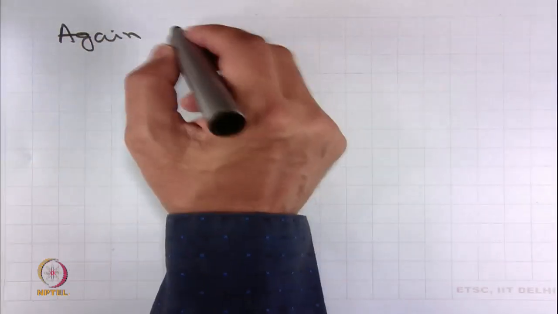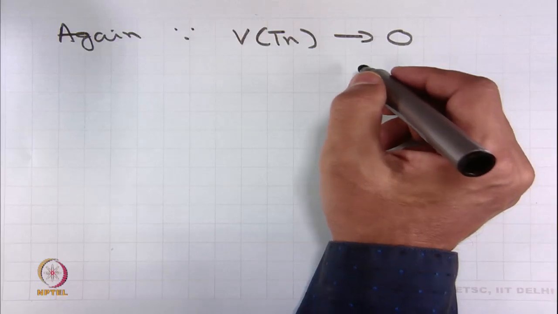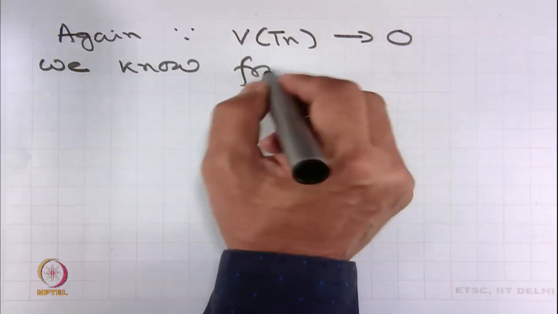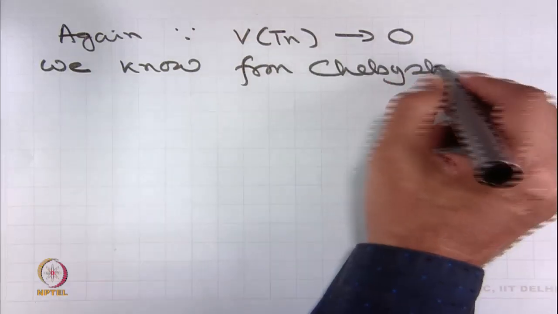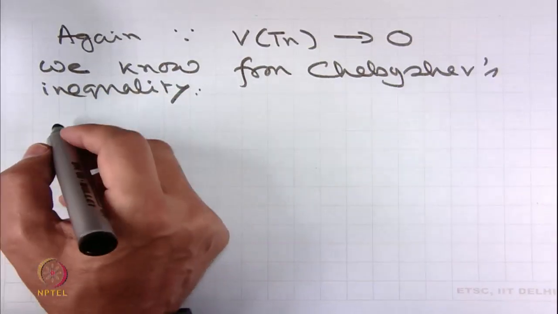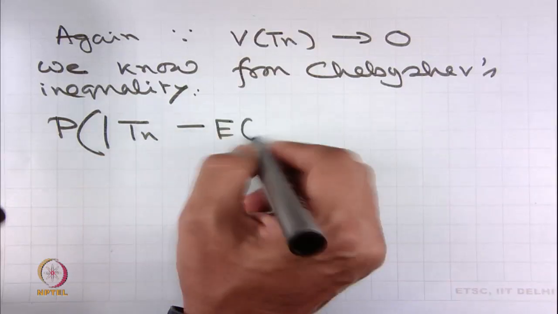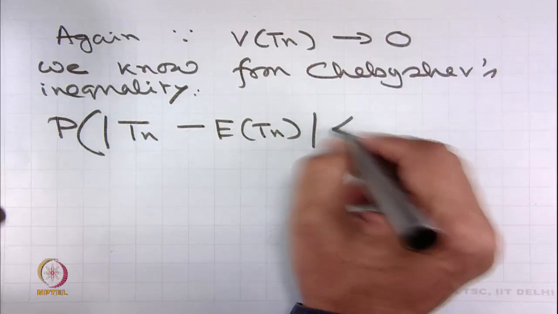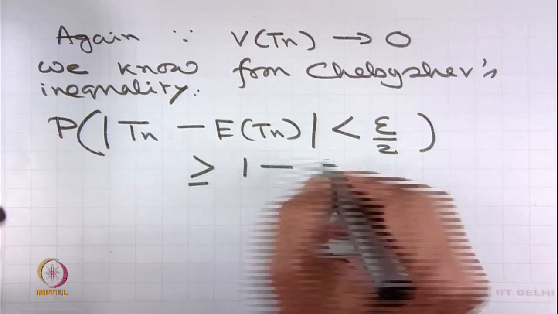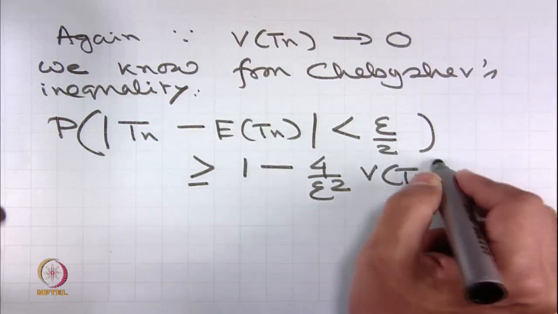Again, since variance of T n is going to 0, we know from Chebyshev's inequality probability modulus of T n minus expected value of T n less than epsilon by 2 is greater than or equal to 1 minus 4 by epsilon square into variance of T n.